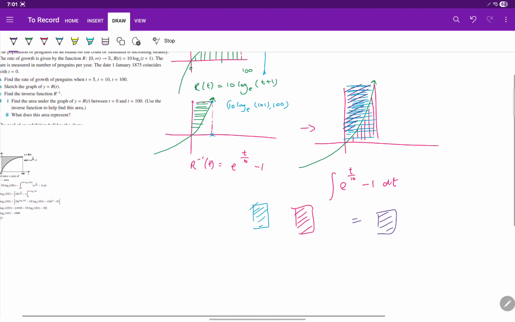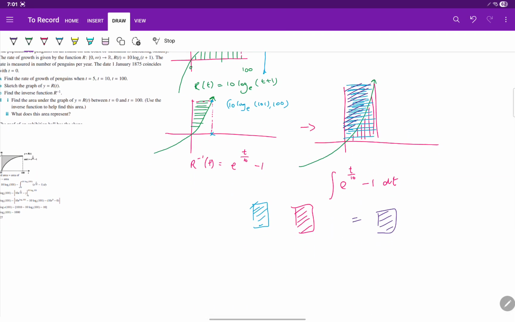So how do we write that as an expression? We write that as this square. What was that? The width was 10 log e 101. What was the height? It's the height of 100, isn't it?